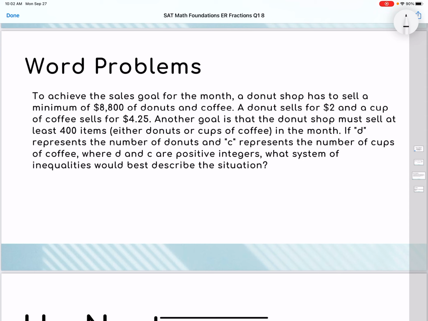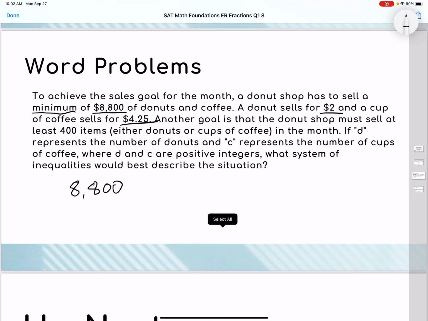All right, well, let's start with the first thing we're given, which is what they have to sell a minimum, which means at least $8,800 worth of donuts and coffee. We know a donut sells for $2 and a cup of coffee sells for $4.25. So to start that first inequality, we would probably have $8,800.